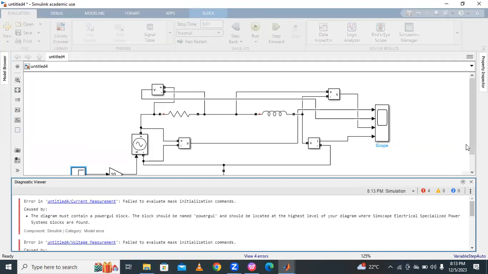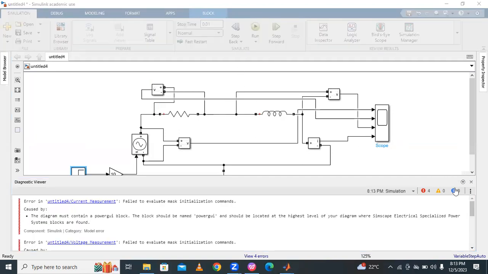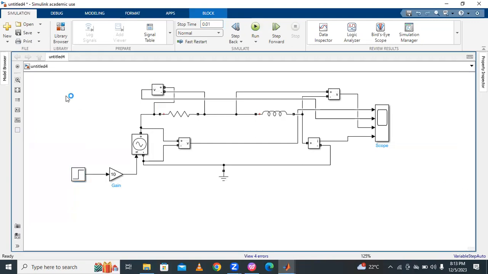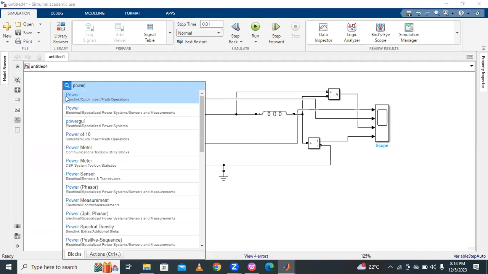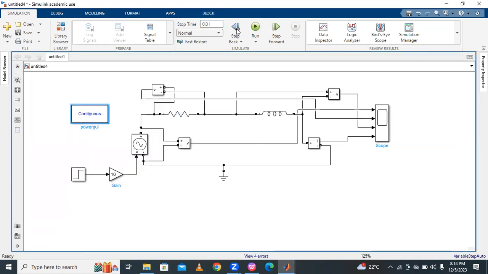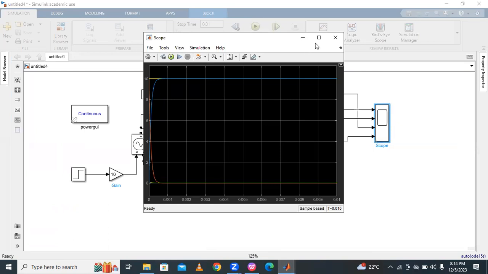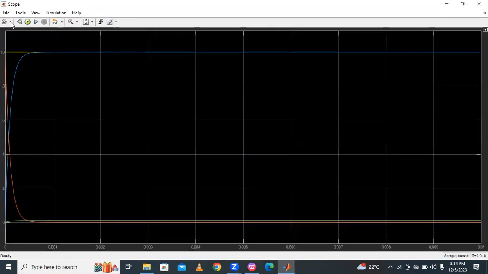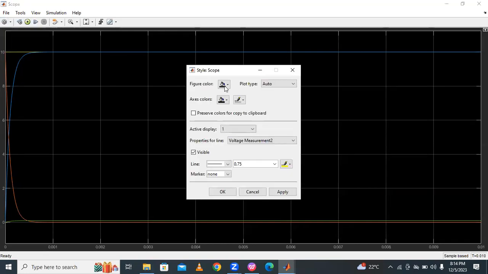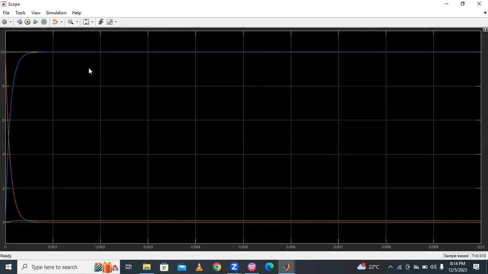And take one power gui. Place here and then simulate. So these are the responses you will get. Press here, layout, go to style. Before going to style, press here layout, layout 4 waveforms.